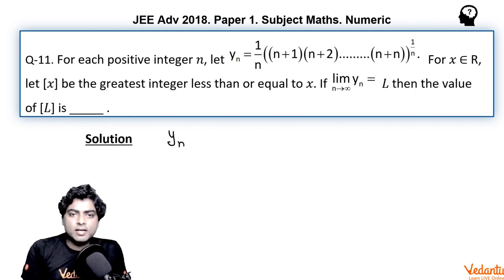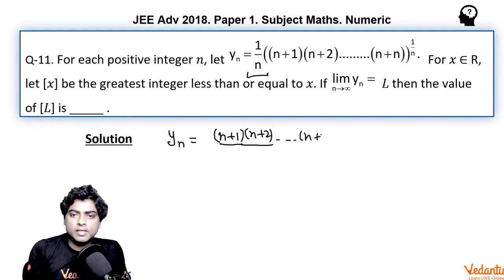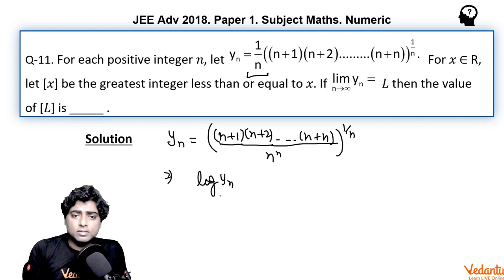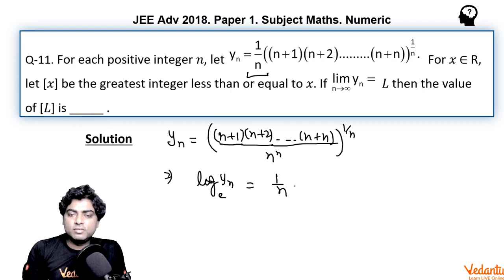So yn here is given as, if I take this 1 by n out inside the bracket, n plus 1, then n plus 2, till n plus n, upon n raised to the power n, whole raised to the power 1 by n. If we take the log to the base e, I can write 1 by n, and log of a product, we know that after taking log, this product can be converted into a sum.